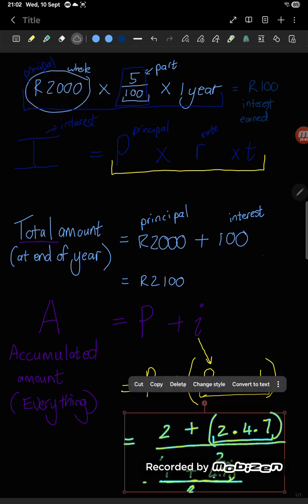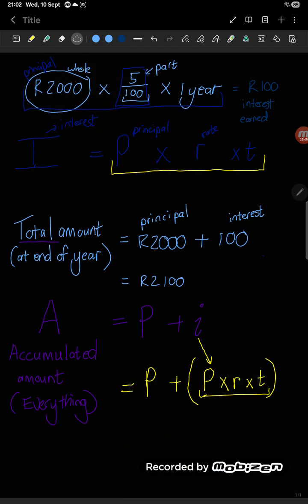All we need to think about is we're saying P plus the interest, and the interest is this thing. That's the accumulated amount. And they can, say for instance, give you the rate, give you the interest earned, give you the time, and you have to go back and find out what this amount was. Oh my gosh. But that's doing an equation.